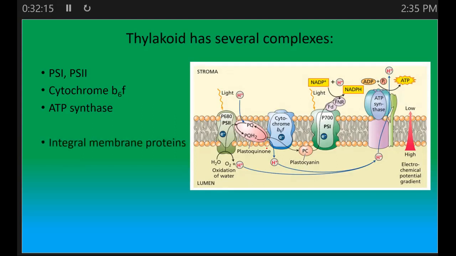All of these, the PS1, PS2, cytochrome B6F, ATP synthase, are often referred to as integral membrane proteins. I tend to say transmembrane because that's what they're doing: spanning the entire width of the membrane. In this drawing, you're also seeing some of the mobile smaller molecules like PQ, PQH2, the PC, and some others. We'll get into some of those.